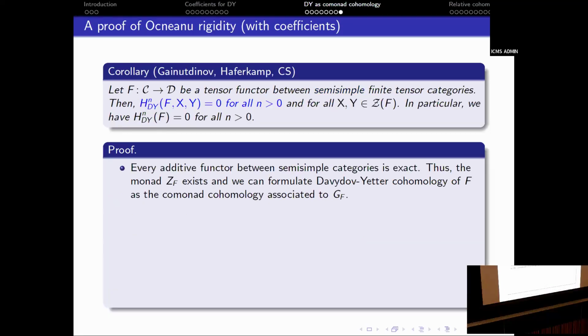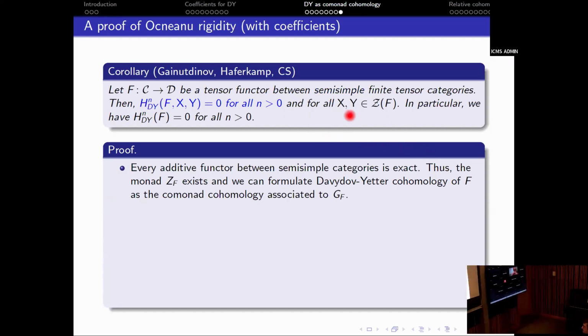And now we can prove the following variant of Ocneanu rigidity. For any tensor functor between semi-simple finite tensor categories, and any choice of coefficients, Davydov-Yetter cohomology vanishes for all n bigger than 0, strictly bigger than 0. The idea is we are in a setting where you have the monad and the comonad.